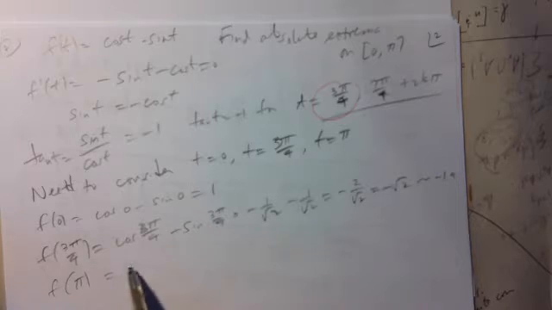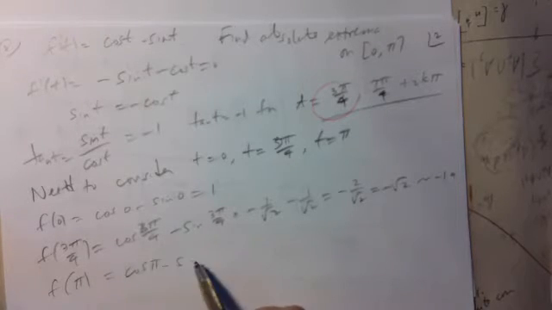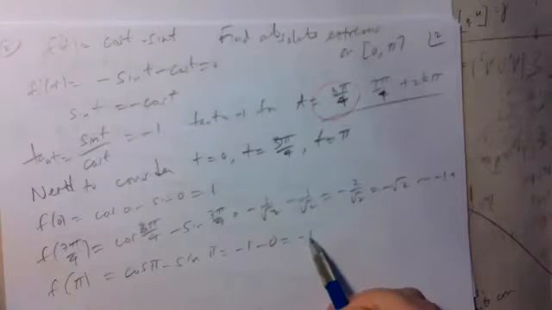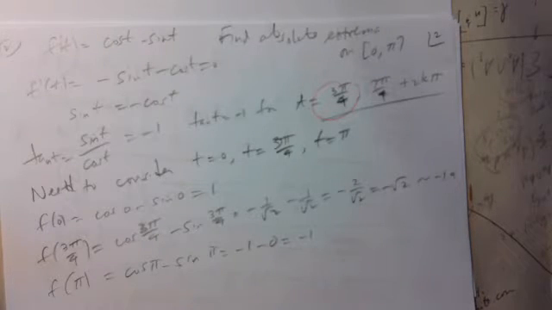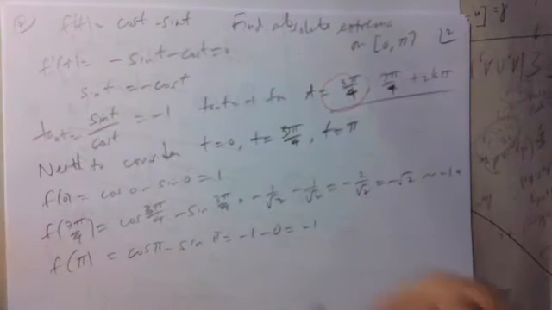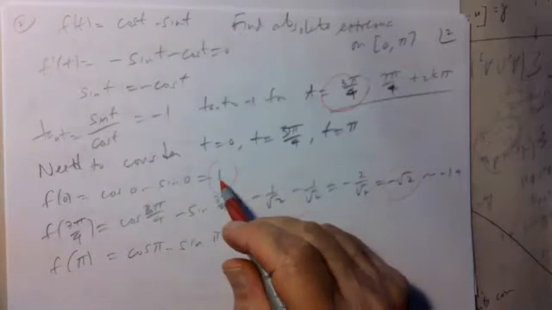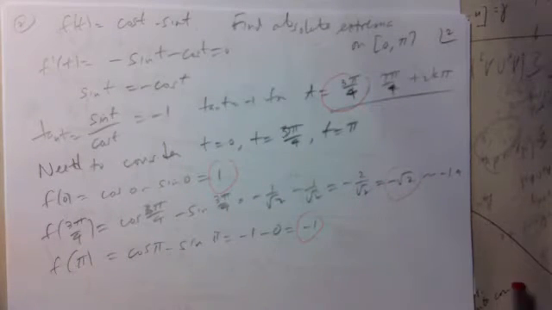And f of pi, cosine pi minus sine of pi, minus 1 minus 0, is minus 1. So we only have to consider these three numbers. Which is the biggest? 1. Which is the smallest? Minus root 2.